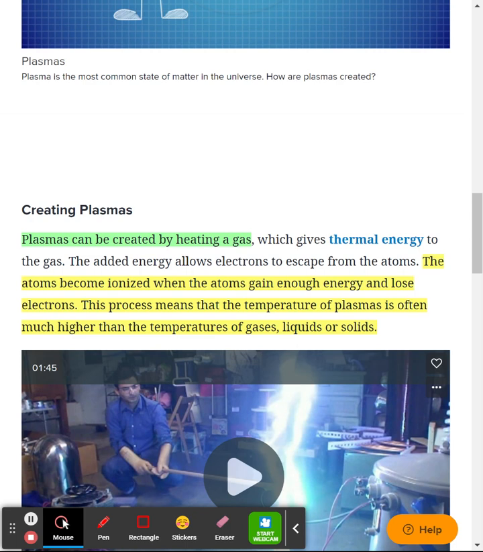So it requires the heating of a gas which excites the atoms such that they lose electrons.